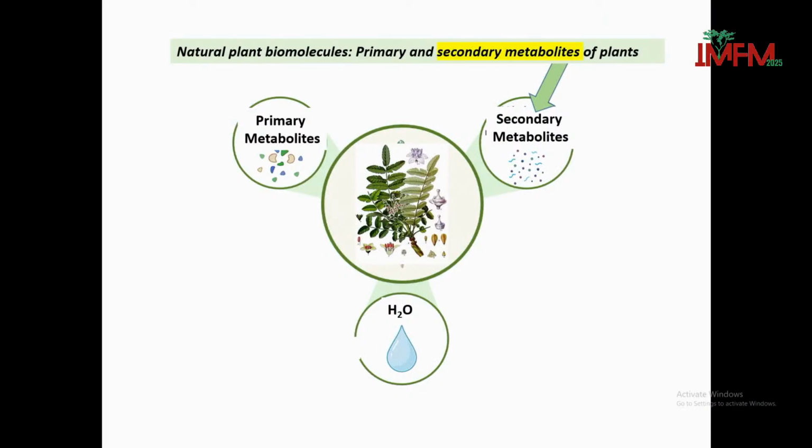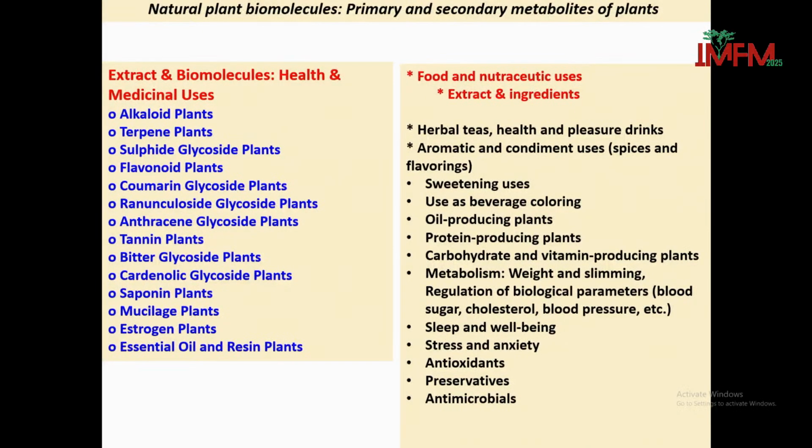And water is present in the maximum amount in the plant. Among the secondary metabolites, in health and medicinal plants you have alkaloids, terpenes, coumarins, glycosides, tannins, saponins, a very large number of these biomolecules.